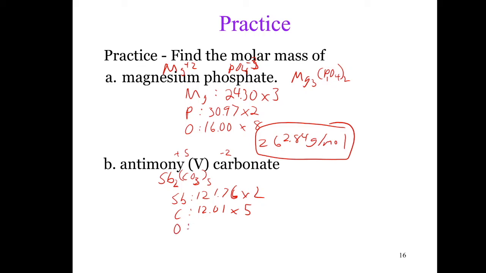Now I'm going to do oxygen, 16.00 times 15. There's 3 oxygens in each carbonate, there's 5 carbonates, and that's a total of 15 oxygens. Plug that into my calculator and get 543.57 grams per mole.